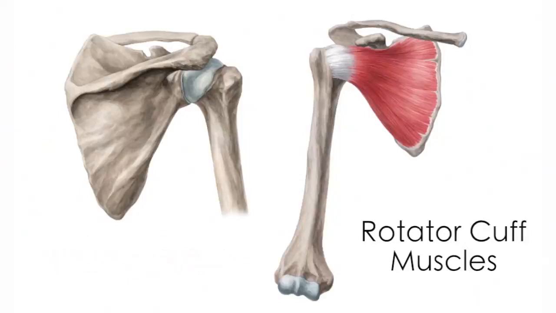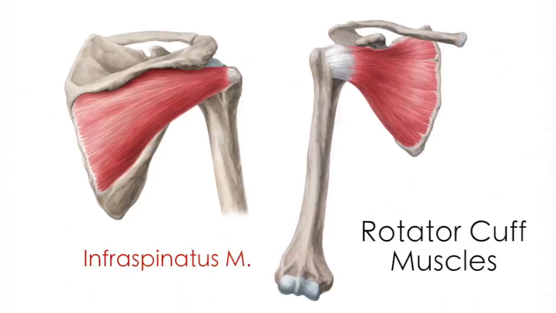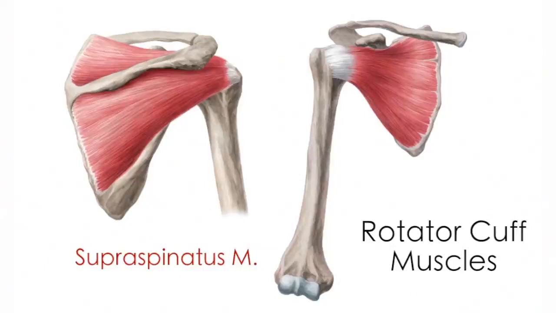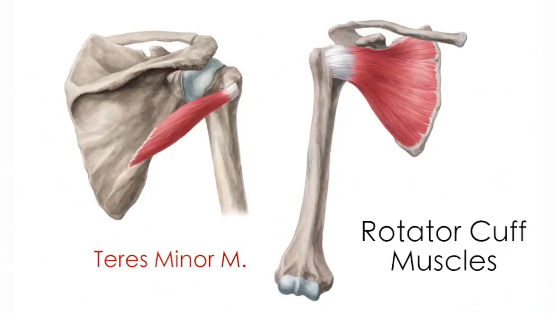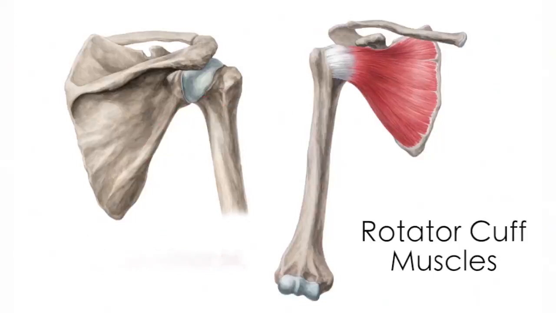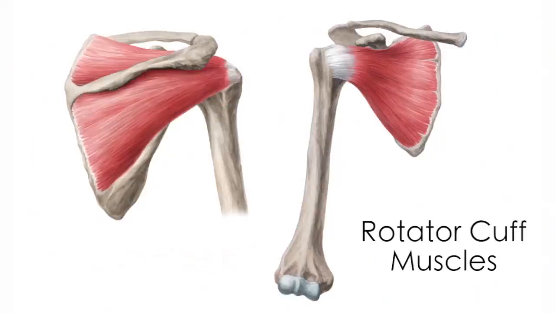The other three, you can find on the posterior view, and these are the infraspinatus, as you can see here, and the supraspinatus, and I'm going to clear these two so you can see the other one, which is the teres minor. Both the infraspinatus and supraspinatus originate on the scapula and then insert on the greater tuberosity of the humerus.